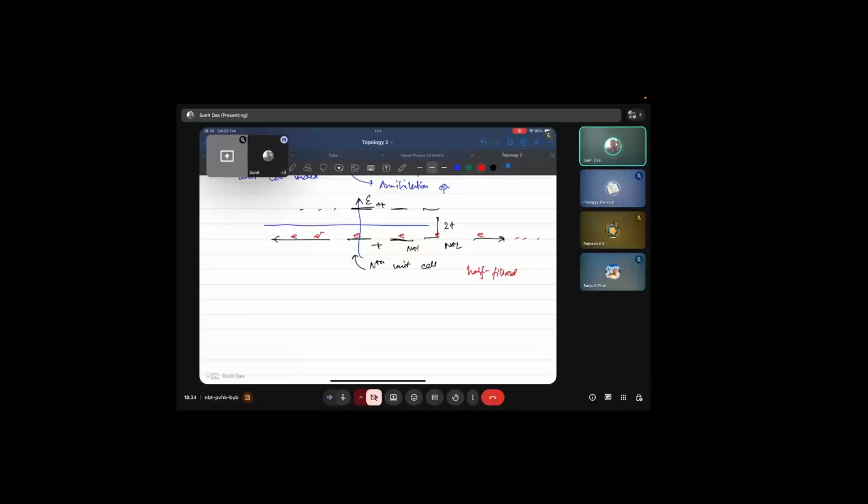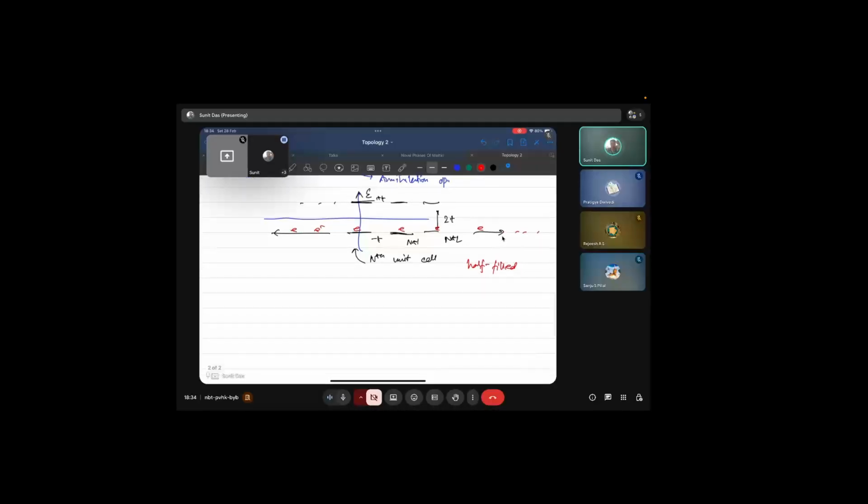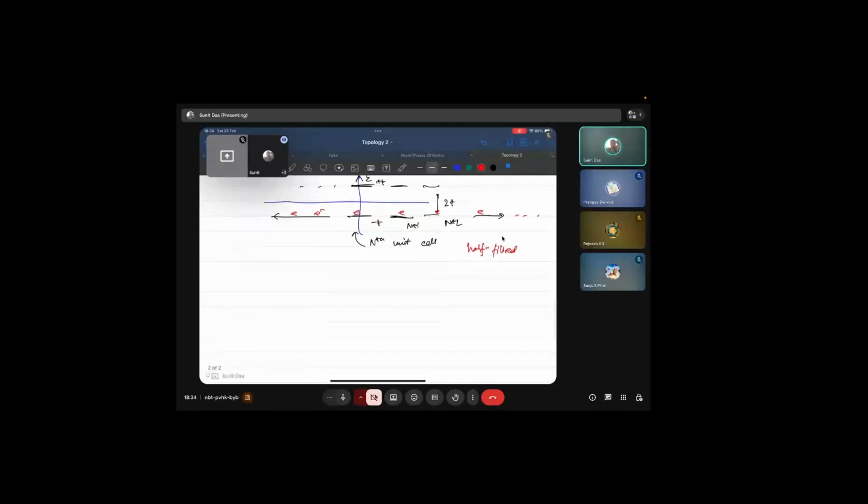So how many cases will be there? If we assume that n is the number of total sites, let me call it I, otherwise it will overlap. So this is I plus 1 and I plus 2, the I plus 1th unit cell, I plus 2th unit cell.